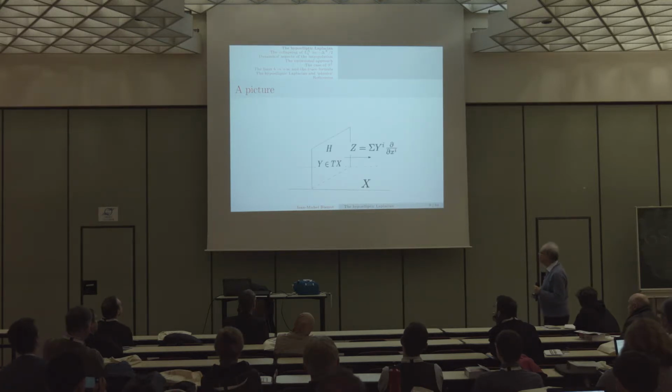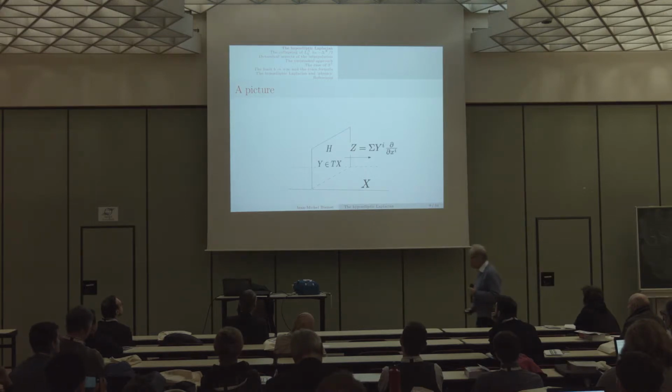Now, let me give a picture. That's a typical mathematician picture. I wrote here the base manifold X. I wrote the fiber T_xX with generic element y in T_xX. Along the fiber, there is acting the harmonic oscillator. And I also wrote this vector field, which essentially differentiates in the base direction, Z, the sum of y_i d over dx_i.